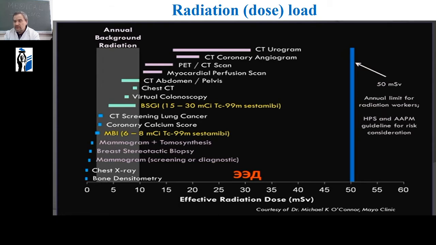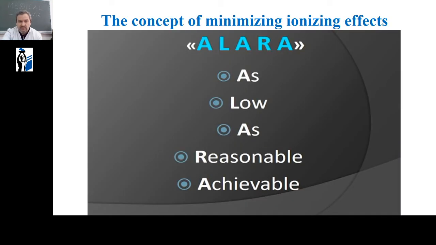And concluding the section concerning the relationship between the diagnostician radiologist and the scope of the necessary research, we mean the concept of minimizing ionizing effect. It is called ALARA, as low as reasonably achievable.